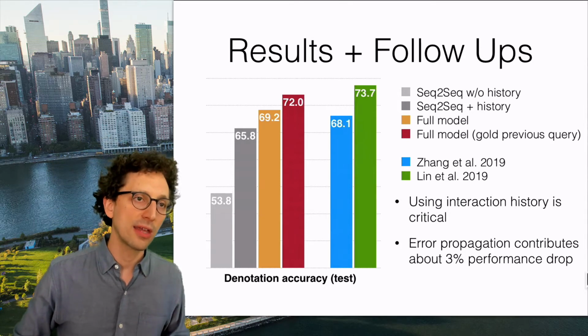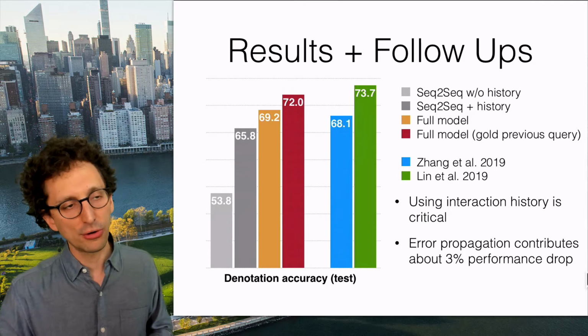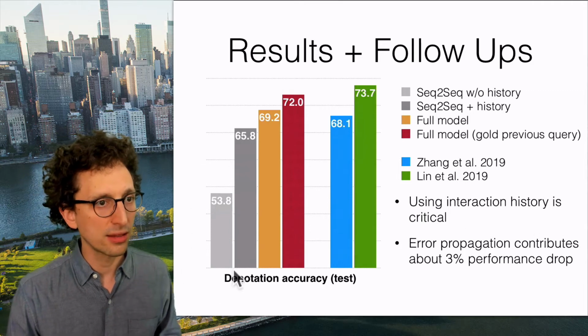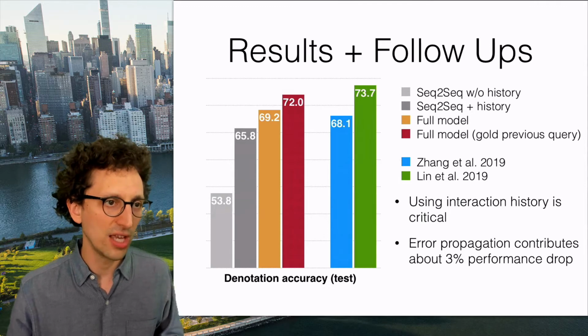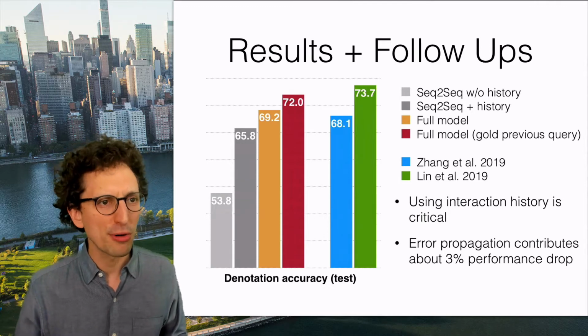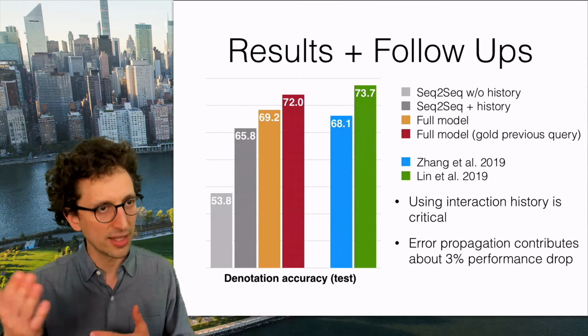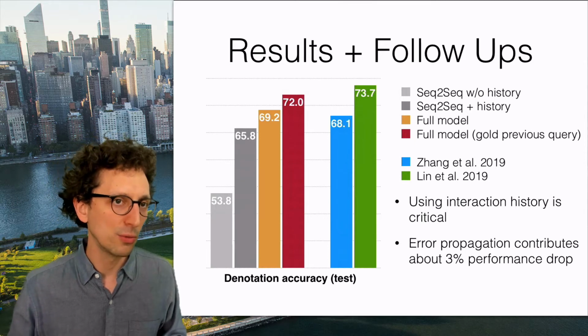So what's happening here is the first baseline is a simple sequence-to-sequence baseline without any access to the history of the interaction. It performs okay, but significantly worse than the other systems that we see.